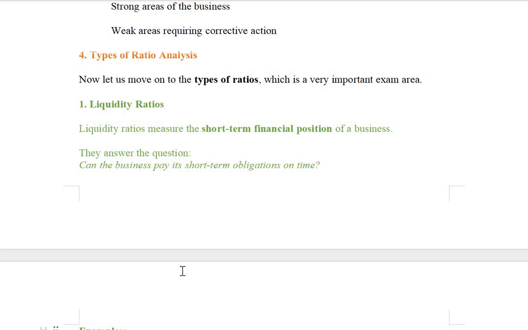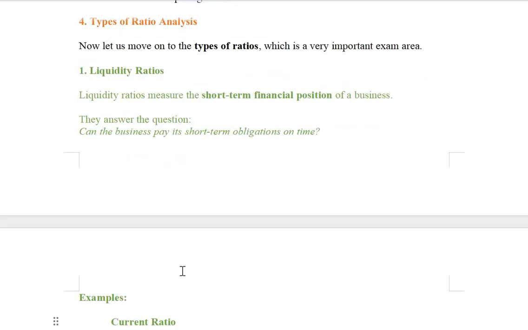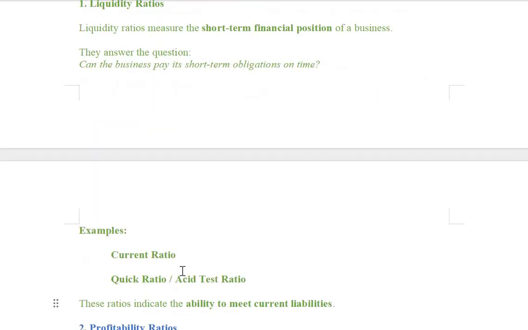Here I classify the ratio analysis as liquidity ratio, solvency ratio, profitability ratio, turnover ratio, and ratios based on market requirements.